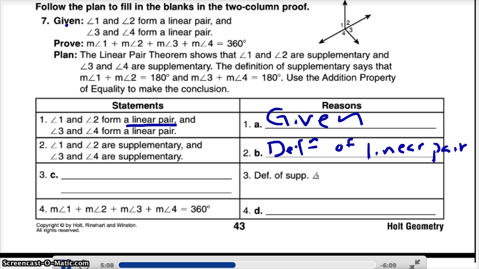Then the next reason says definition of supplementary angles. So that means we know that the measure of angle 1 plus the measure of angle 2 equals 180, because if they're supplementary, they equal 180. The measure of angle 3 plus the measure of angle 4 equals 180.